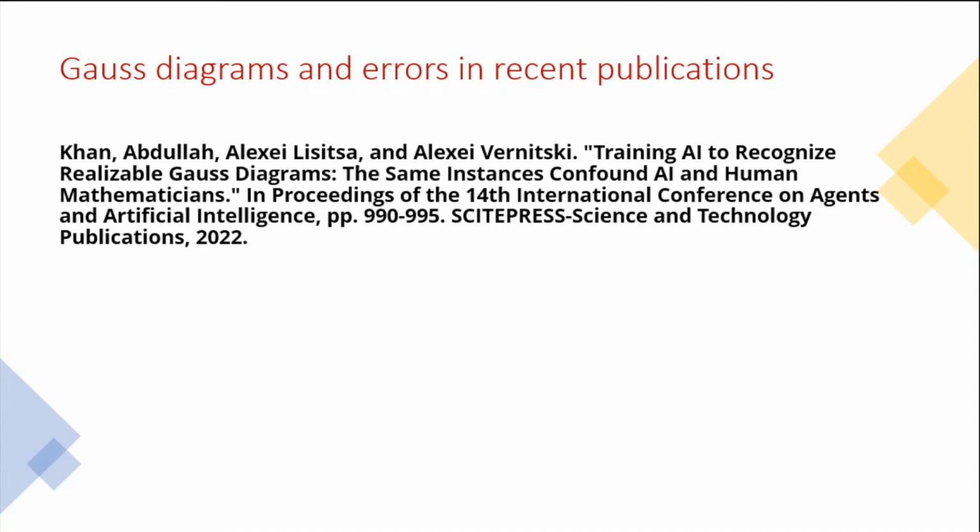The concept was introduced by Gauss in approximately 1854. Then it took people some time to actually describe realizable Gauss diagrams, and that was done in 1936. After that, different people, including ourselves, introduced some different descriptions of realizable Gauss diagrams.